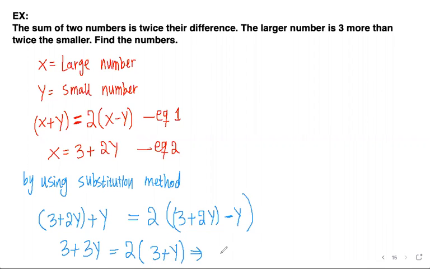Now I get 3 plus 3y equal, distribute the 2 inside, 6 plus 2y. I get 3 plus 3y equals 6 plus 2y.